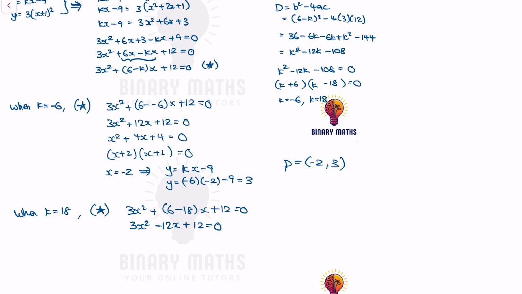If I divide by 3, I get x squared take away 4x plus 4 is equal to 0.